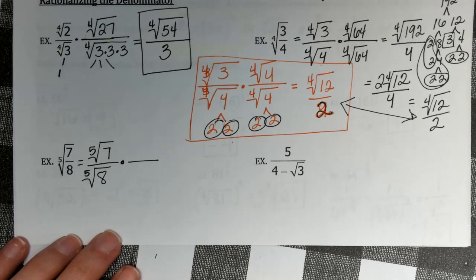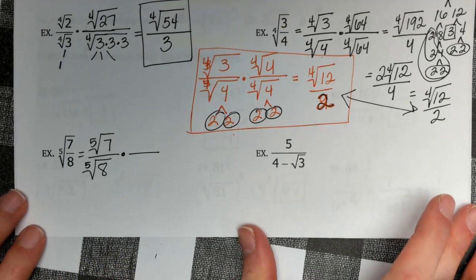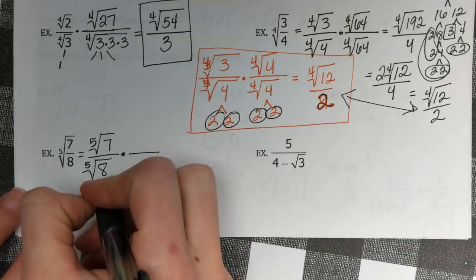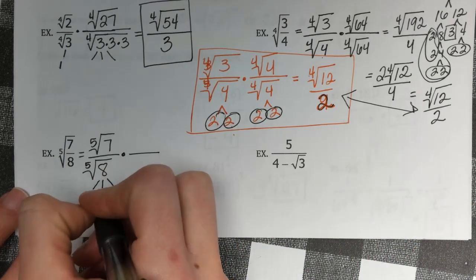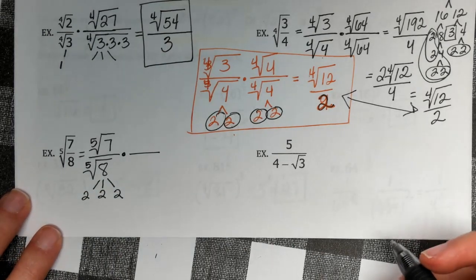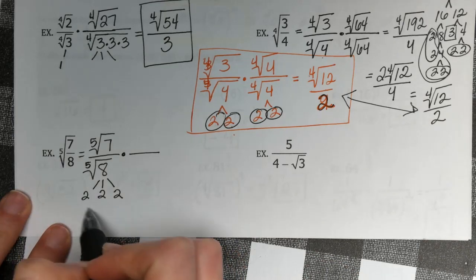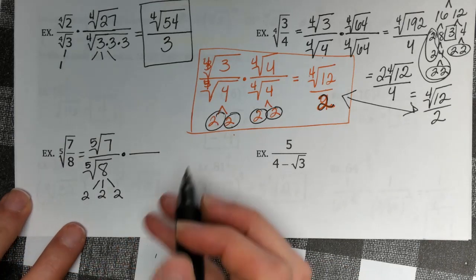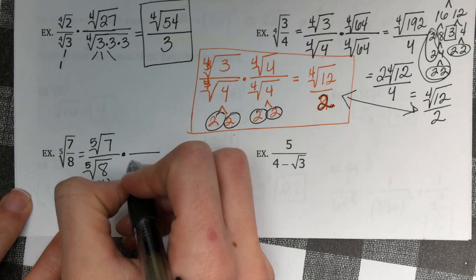What do I rationalize by? The fifth root of 4. Why? 8 is a perfect cube. So you could have split that. There's 3 of my 5, right? So I need how many more? 2.